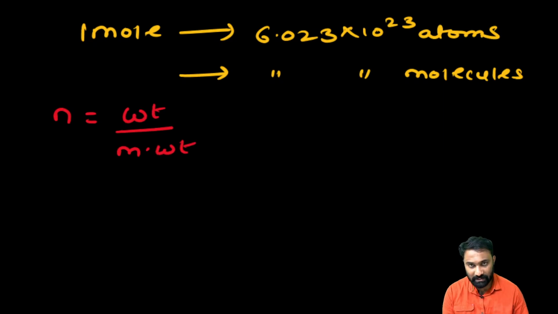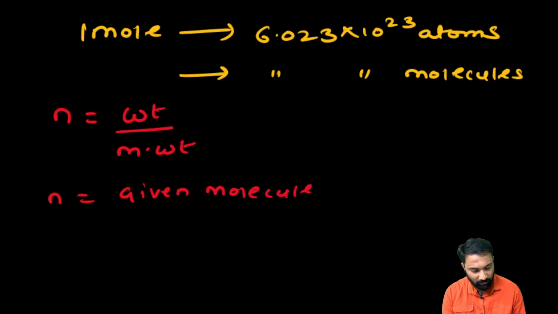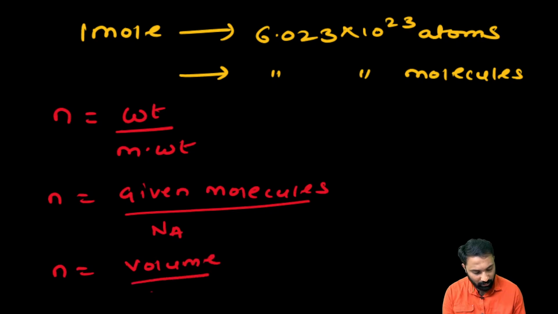Next, the number of moles for the particles: given molecules or entities by Avogadro number. The next formula: given volume by 22.4 liter at STP condition.